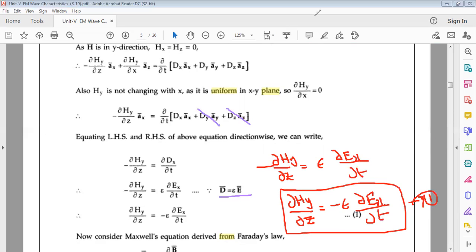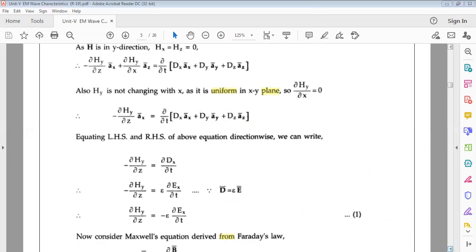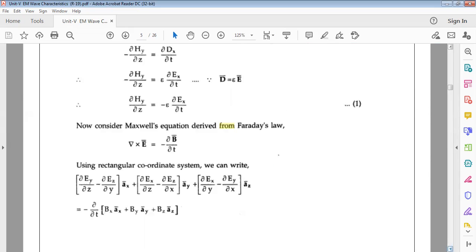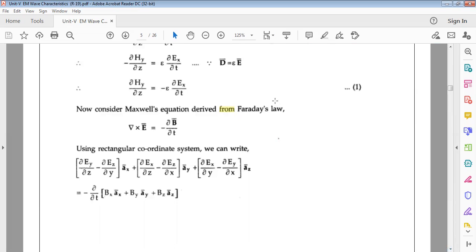And the next equation is from Faraday's law. Assume that del cross E bar is equal to minus dou by dou t of B bar. This is the equation, my dear students.